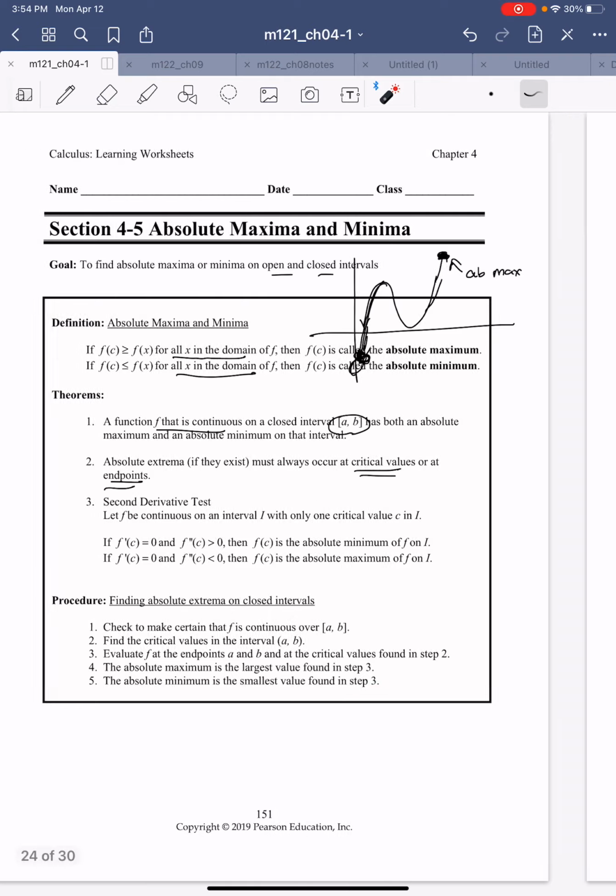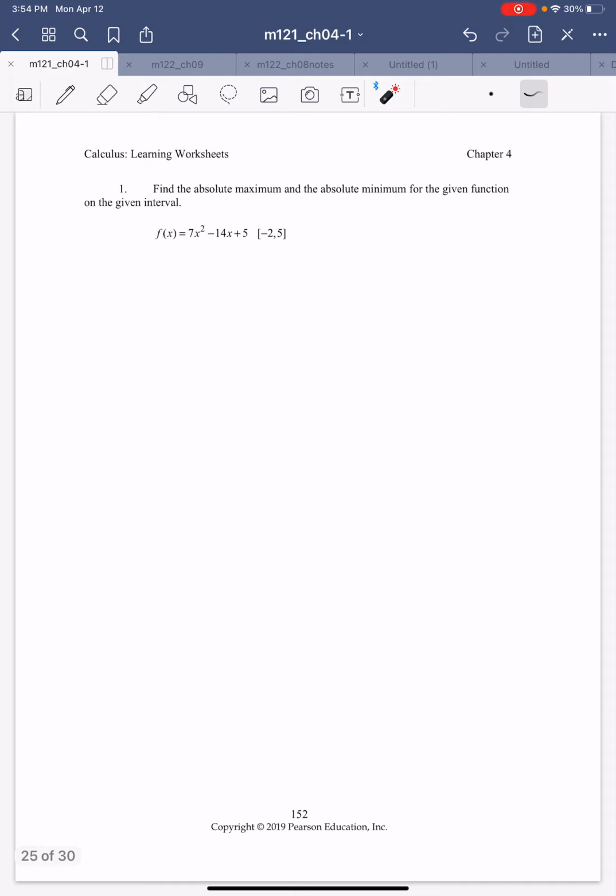Okay, let's go ahead and look at our first example. Number 1, find the absolute maximum and minimum. So we need to find both for a given function on the given interval. f of x is equal to 7x squared minus 14x plus 5.